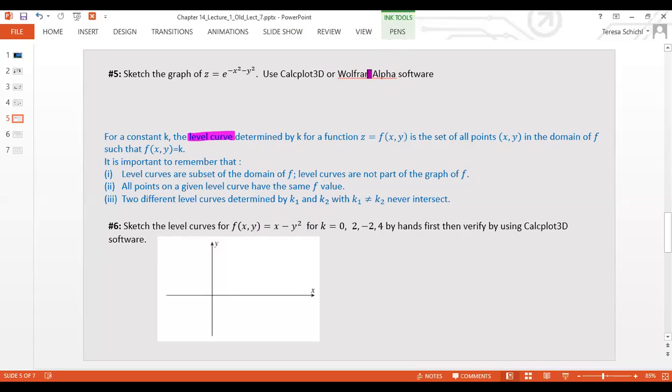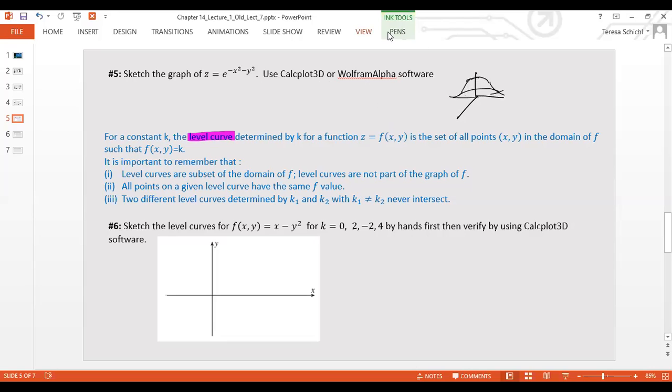The level curve is kind of like, if you have something in the space, like this bell curve, the bell we just graphed in the space here, the level curve is kind of like the cross sections, right?